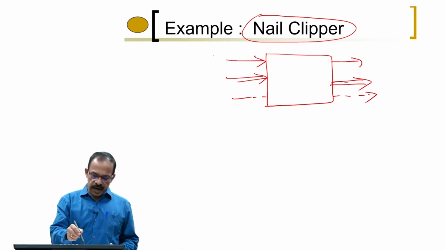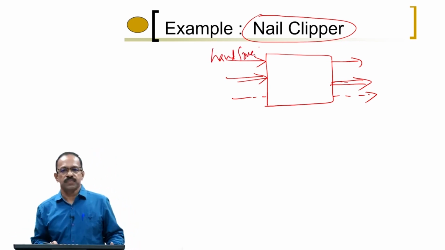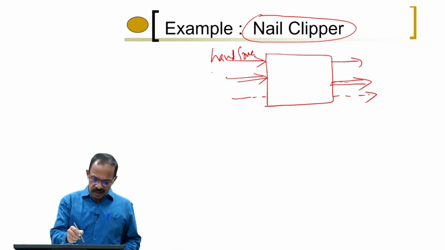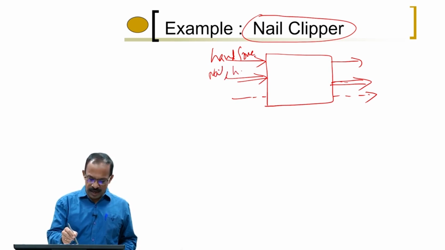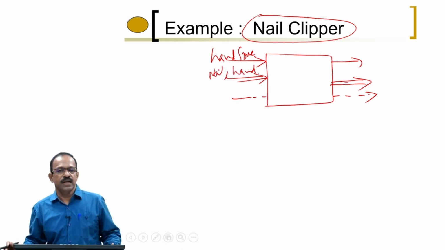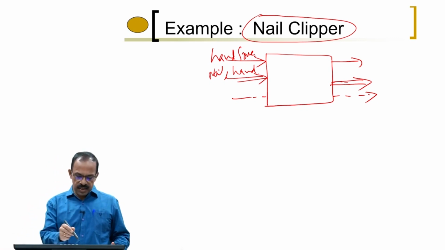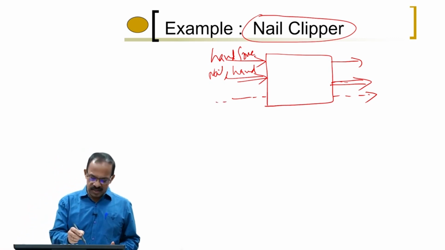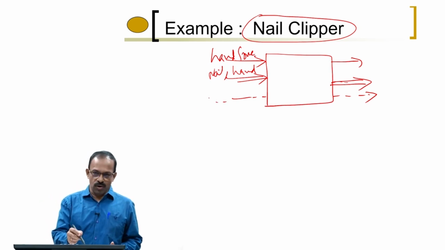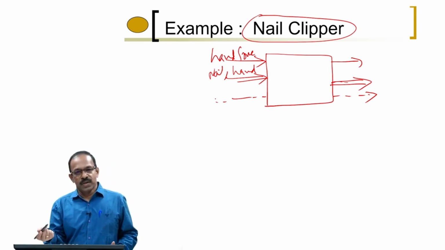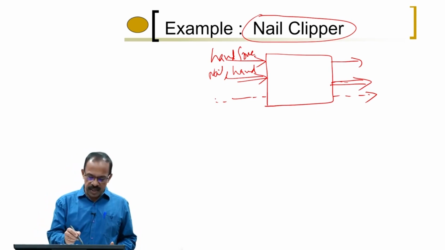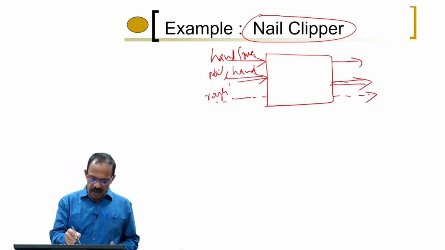The hand force will be the main energy going inside, and then we will have the nail as the material going inside, and probably the hand also can be considered as the material which goes into the product to provide the function. The signal, or the information, is basically the status of the nail, whether it is long or short, or whether it is smooth or rough. That kind of information will be going as the input to the product.